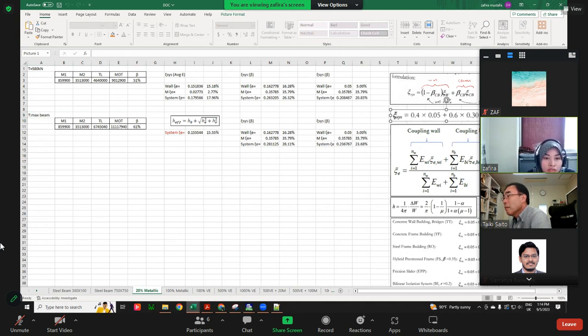For example, the degree of coupling is 60%. So 60% for the coupling beam and 40% for the walls. So 0.4 times the initial damping, 0.05, and then 60% from the coupling beam, and then equivalent damping for the damper is 30%. So this is another way to calculate the equivalent damping of the system.